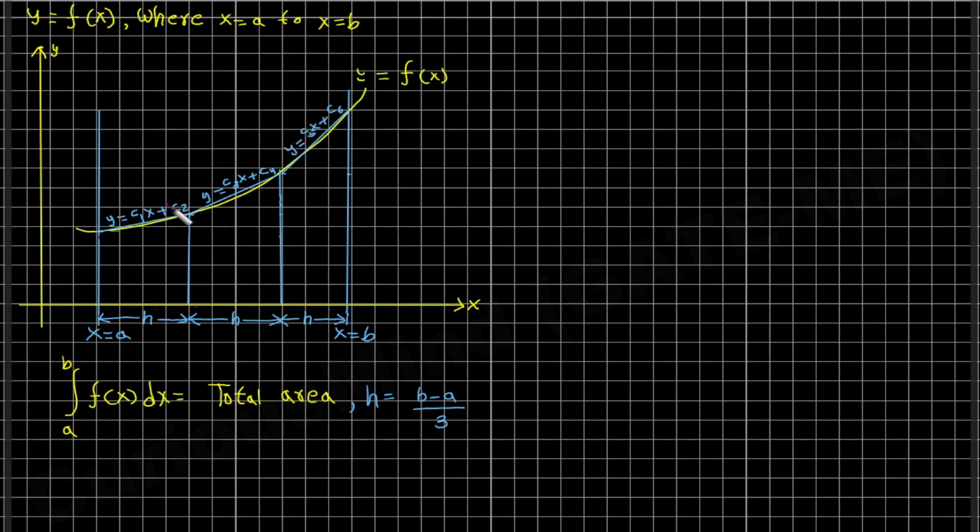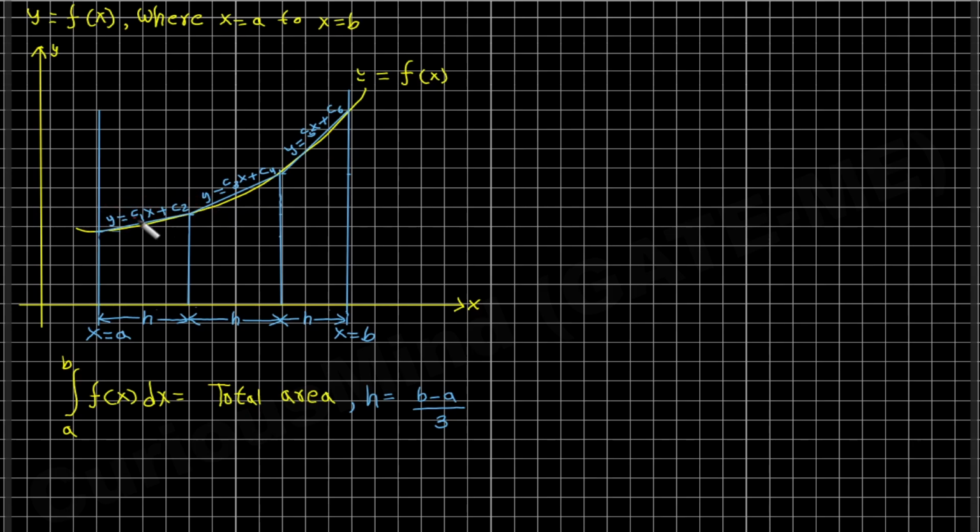All right, and we know that the order of a polynomial of a straight line in the form of y equal to c1 x plus c2 would be equal to 1.